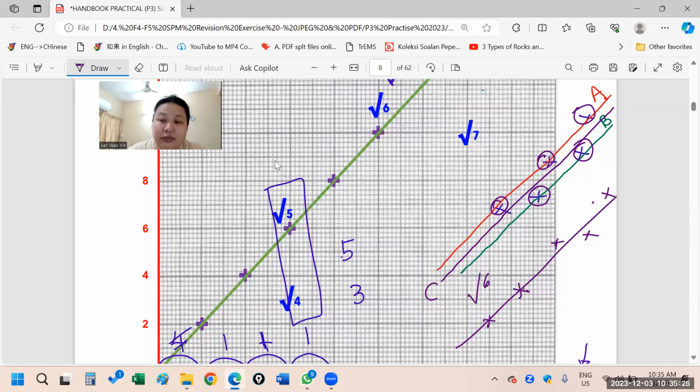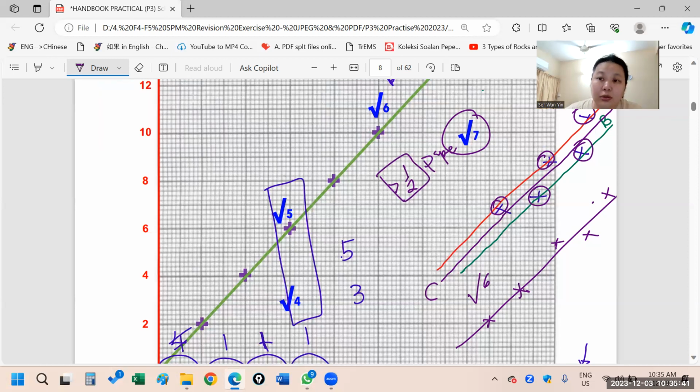Then number 7 is your graph. Graph means the green line must be over half of your graph paper. So please draw as big as possible, so your scale can extend as large as possible.